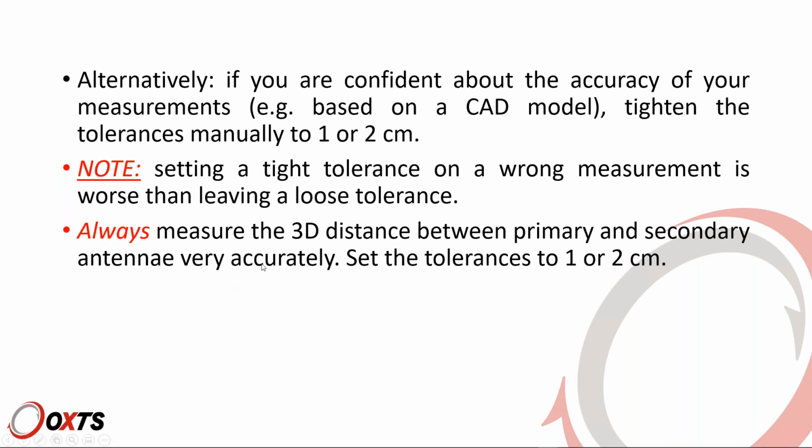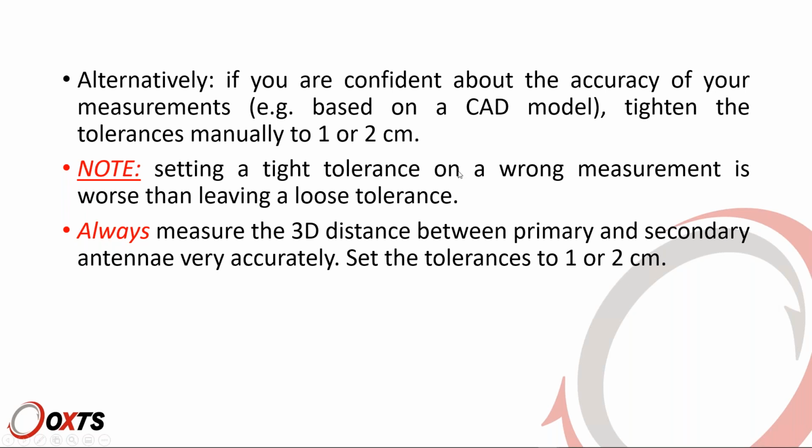There is one measurement that the system does not refine, and that is the distance between primary and secondary antenna. So this one you have to measure yourself, and you have to try to be accurate in measuring it. The distance is the 3D distance. So if, for example, the two antennas are not level, are not at the same height, then the distance that you want between them is indeed the 3D one, not the projection of this distance on, say, the level, if that makes sense.